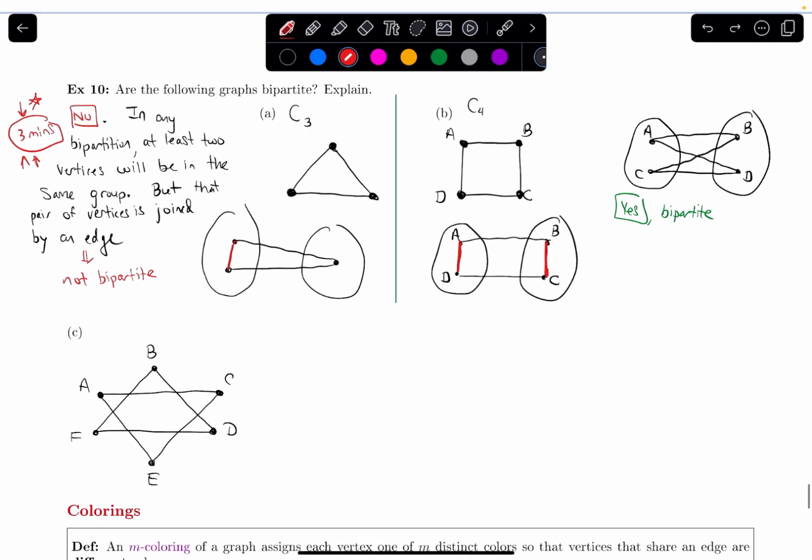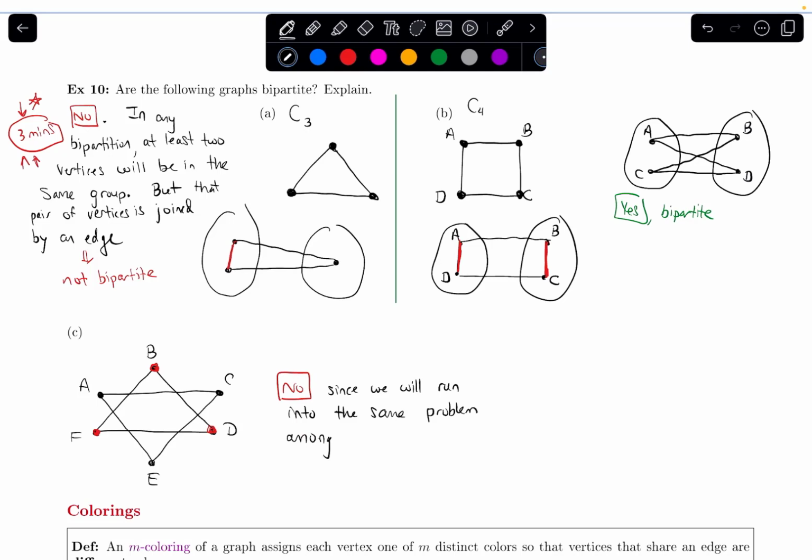Hopefully we can see that if I just focus on one of these triangles, like B, F, and D, just from that one triangle itself, I'm going to have the same problem that I had in part A. So no, since we will run into the same problem among either of those triangles.